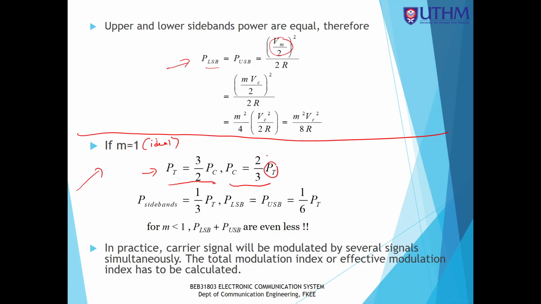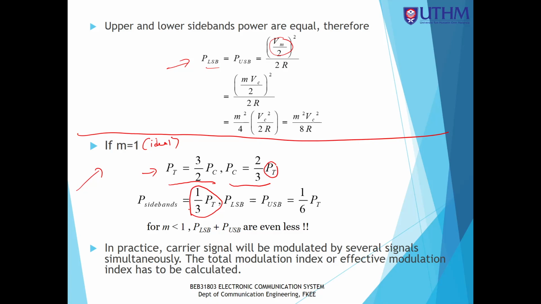Among the total power, 2 over 3 belongs to the carrier component itself. So what about the sidebands? Both sidebands, lower plus upper, become the remaining of the total power, which is 1 over 3.